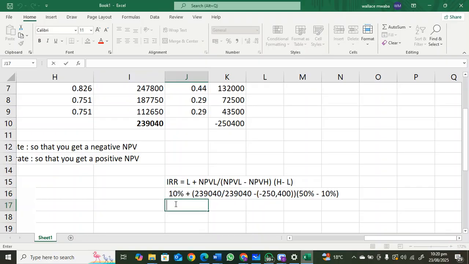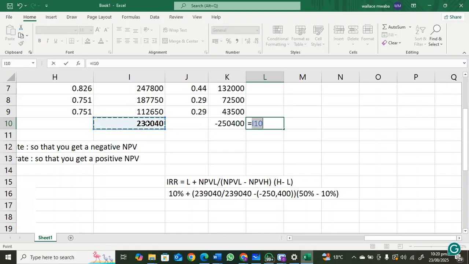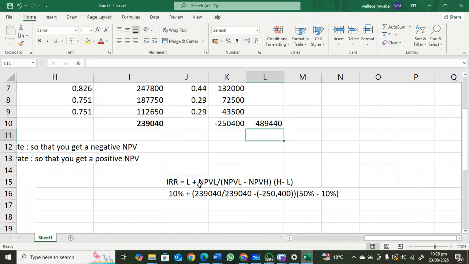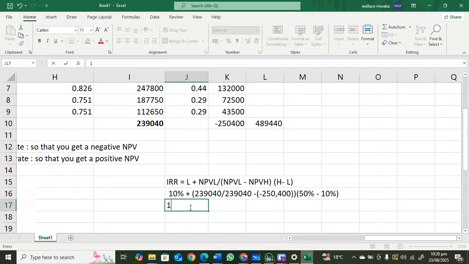So 239,040 minus negative 250,400 gives 489,440.